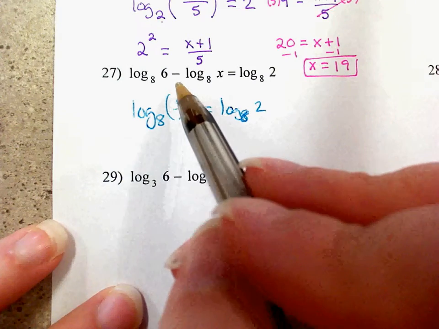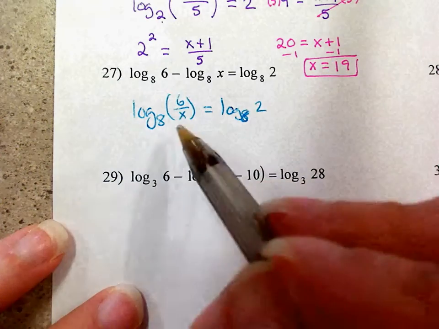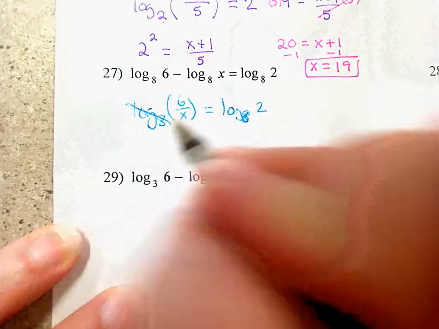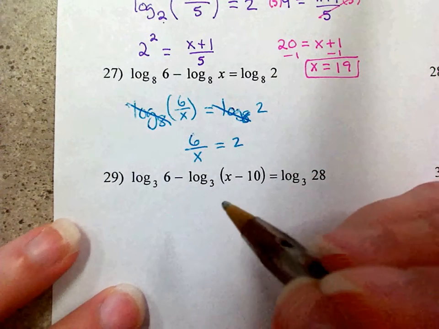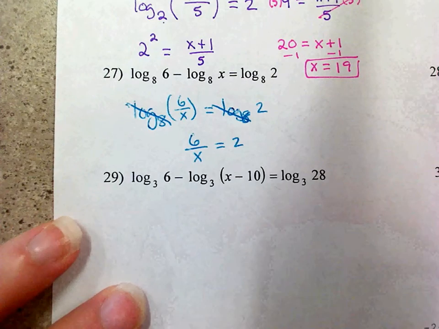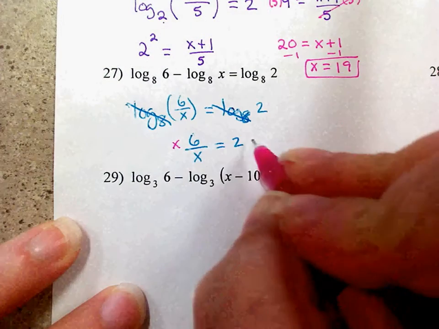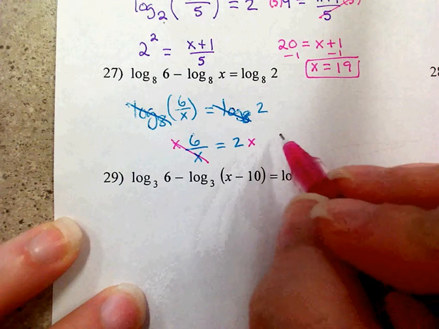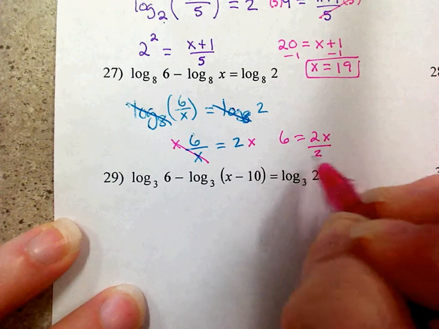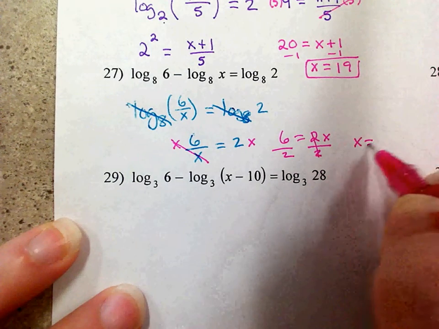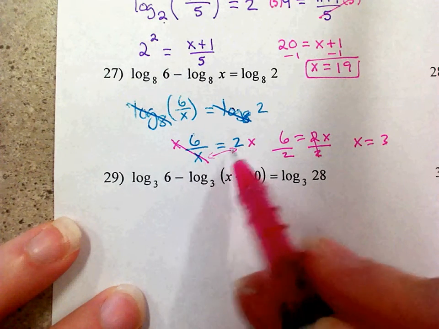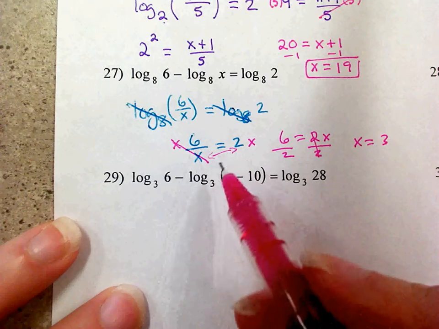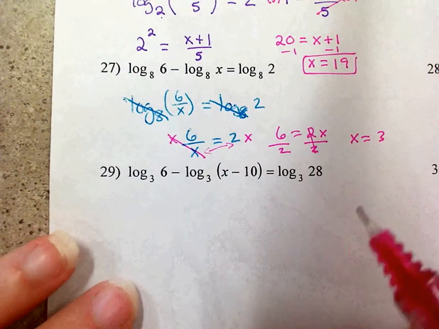Okay, be careful, because some people do that. Don't cancel them out till you have one logarithm equals another log. So logs cancel out. 6 over x equals 2. Multiply by x on both sides. So I'm good with that. So, good. Divide by 2. X equals 3. Now, does anyone realize that we could have just switched those two? 6 over 2 equals x. That's what I said yesterday.